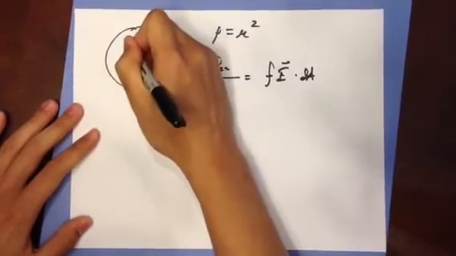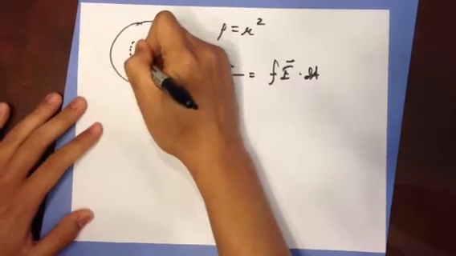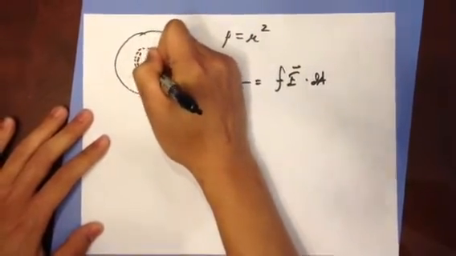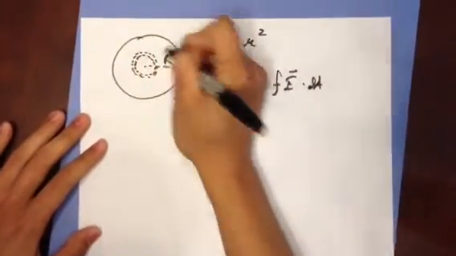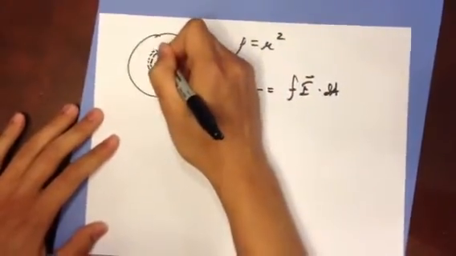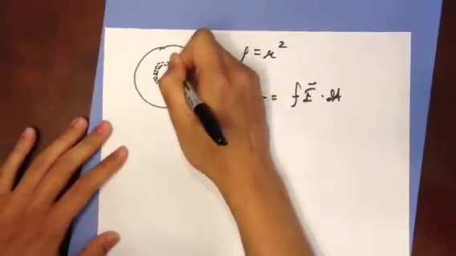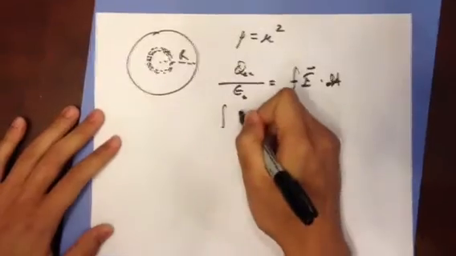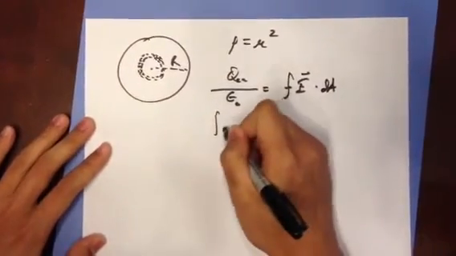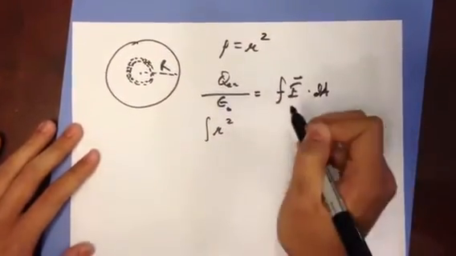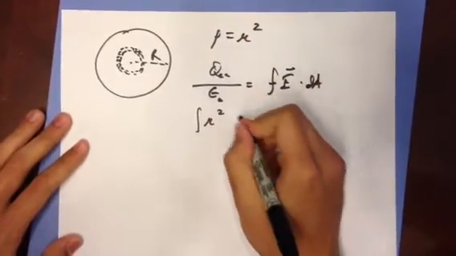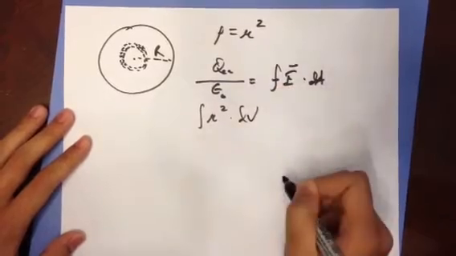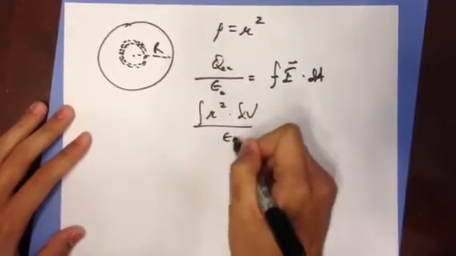So we're going to imagine integrating the charge based on small shells of this sphere, small shells kind of like that. The way we're going to do that is take the integral of the density equation, that's r squared, times the volume, dV, over epsilon naught.